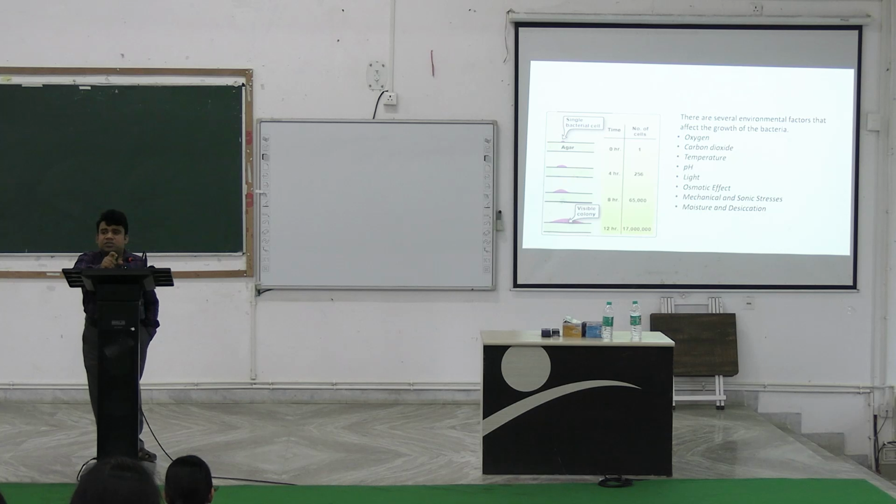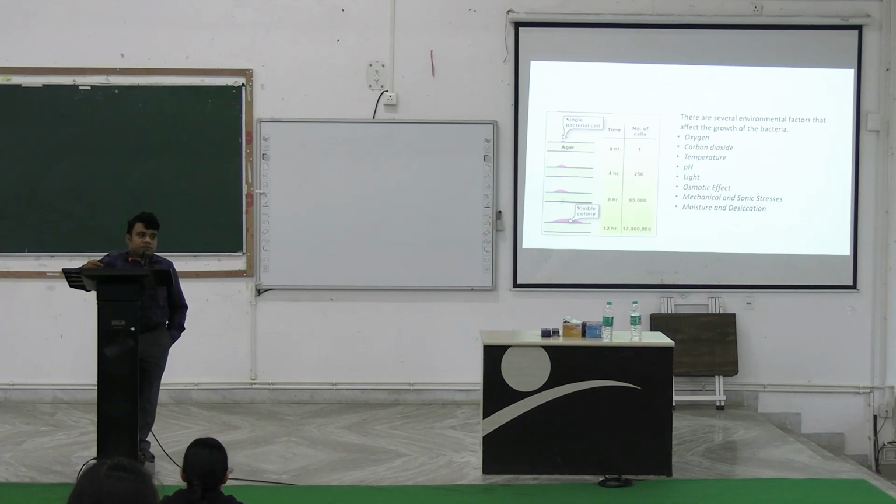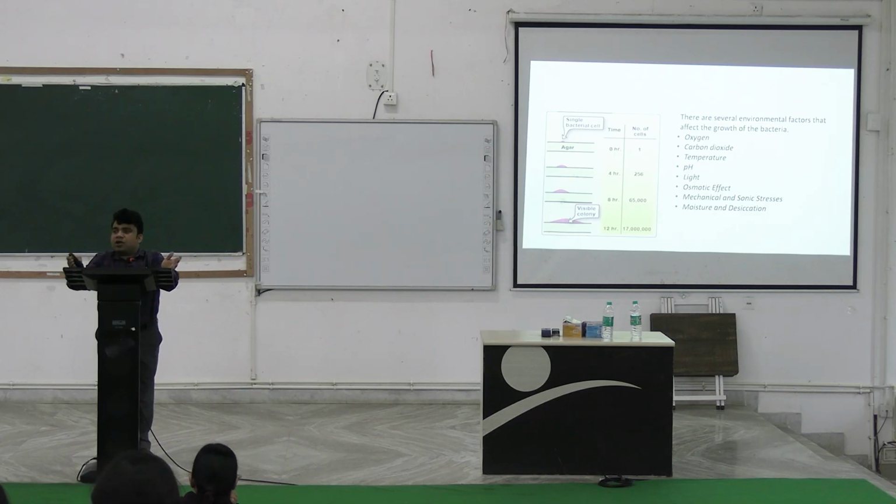This is the temperature range where medically important bacteria grow. Next comes pH. Most of the bacteria will grow at which pH? In the environment, you can find bacteria growing in acidic environments and in alkaline environments. But what will happen in case of medically important bacteria?